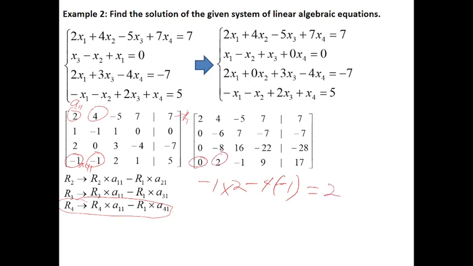Okay? And then 2 times 2 minus negative 5 times negative 1.